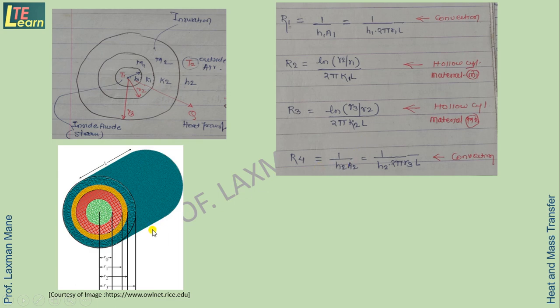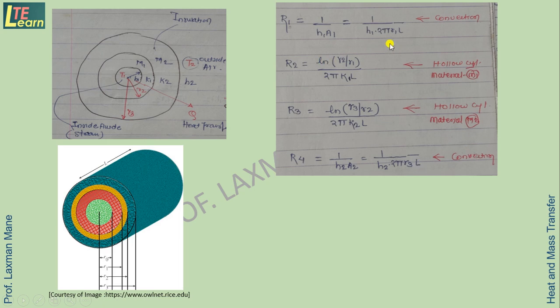R4 is the resistance of the outside surroundings, that is 1 upon H2, the heat transfer coefficient of the outside, into A2, the outside area. The outside area will have radius R3, so the surface area will be 2 pi R3 into L. This is for convection.